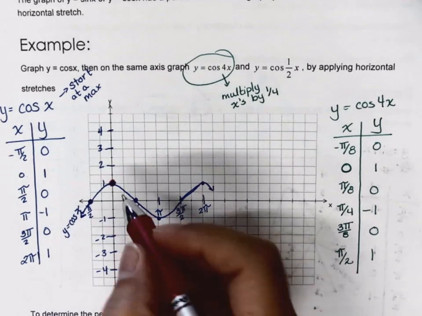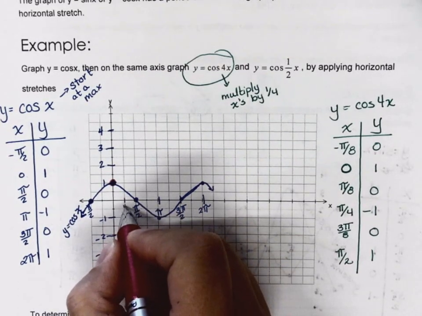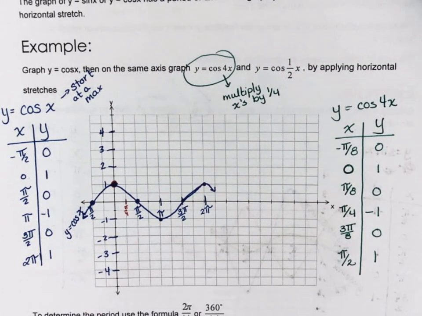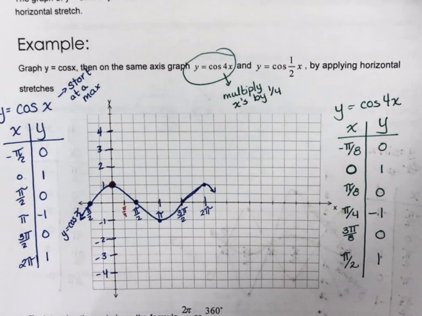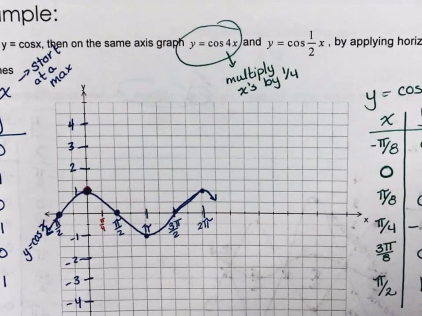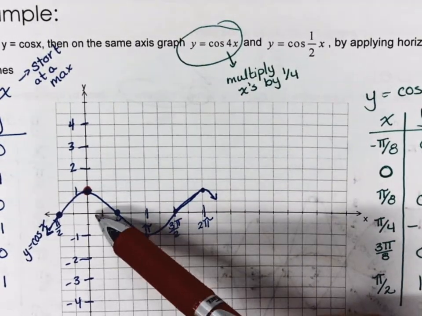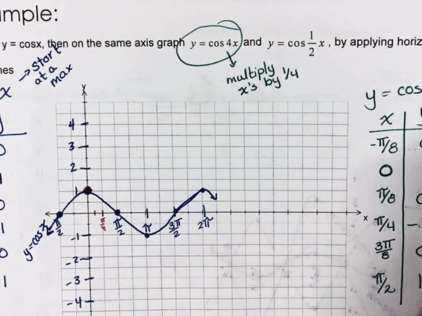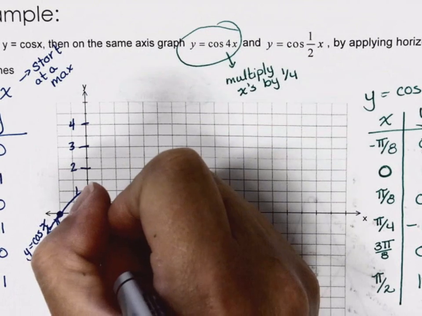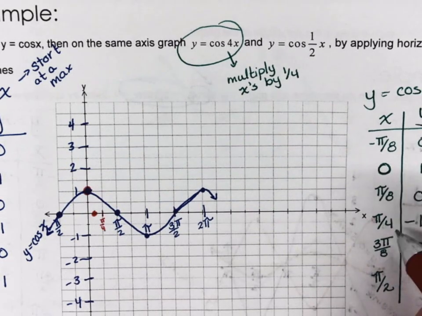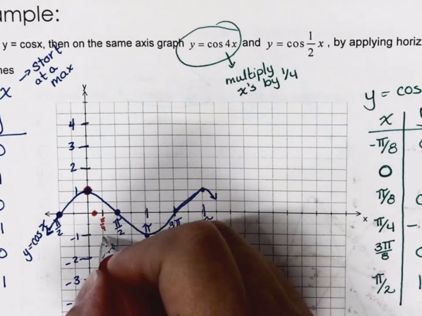Okay, pi over 8. Right here is pi over 4. Where's pi over 8? It's right in between 0 and pi over 4. So at pi over 8, I'm at 0. My dot's almost as big as my increment. Then pi over 4, and that's at negative 1.